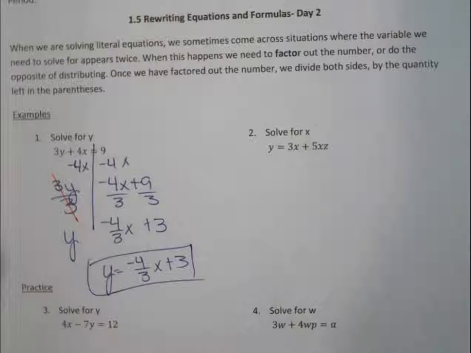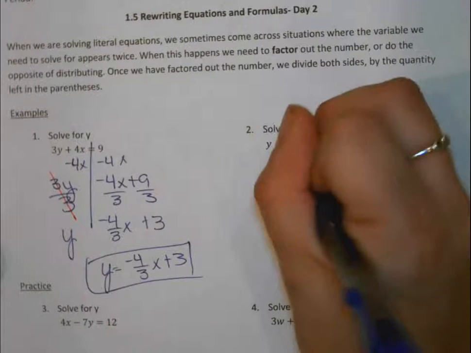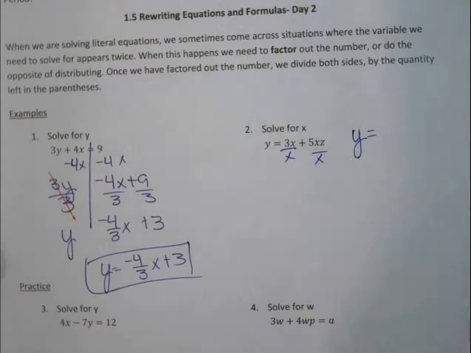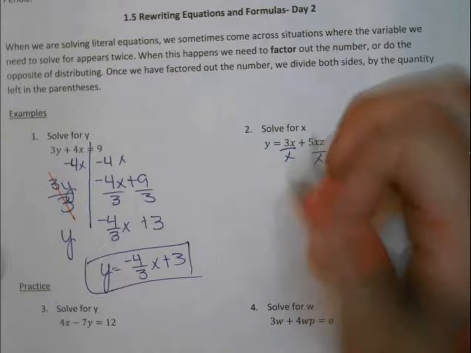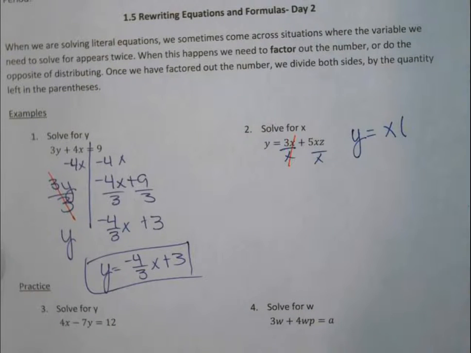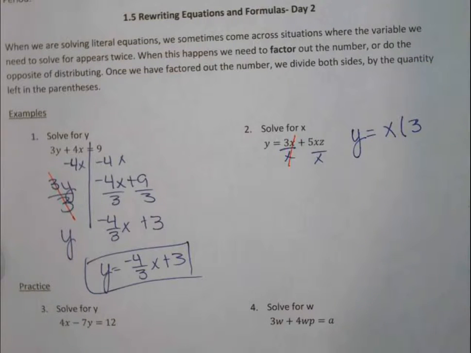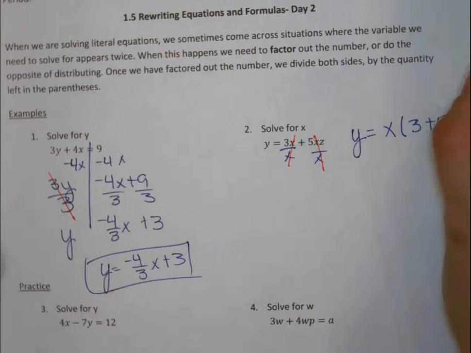Number 2, when I want to solve for x, notice it's appearing in both these pieces. I'm going to start by dividing each of those by x. So I'm going to leave it y on the left. I'm going to write what I'm dividing by on the outside. So if I take a look at this first piece, 3x divided by x is 3. And then on the second piece, 5xz divided by x, the x's just cancel out, so I'm just left with 5z.